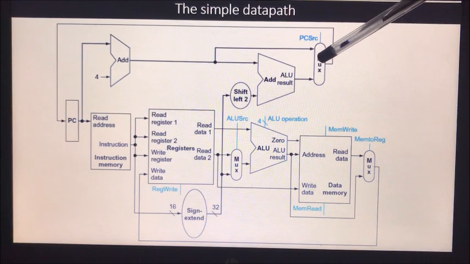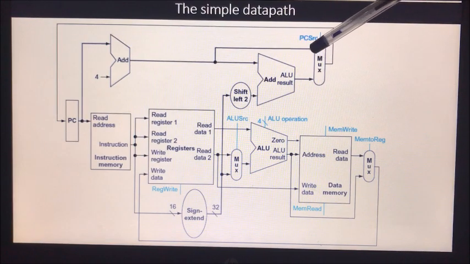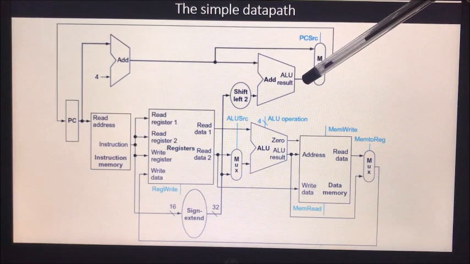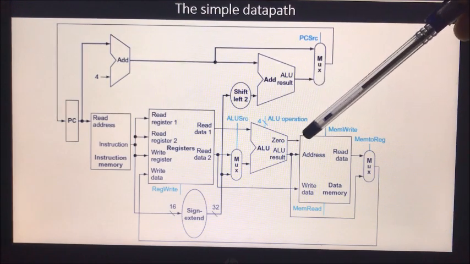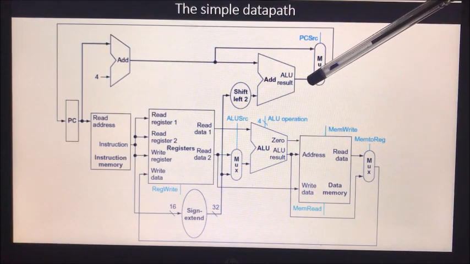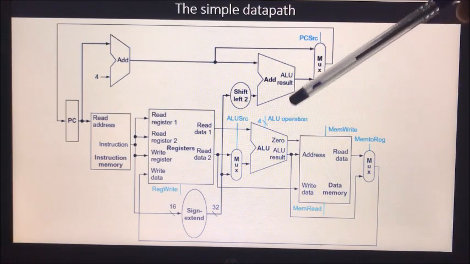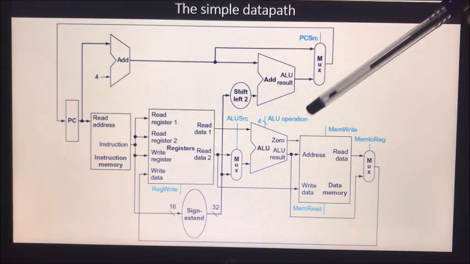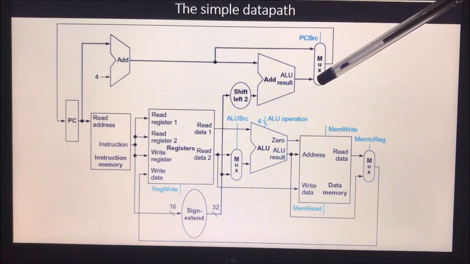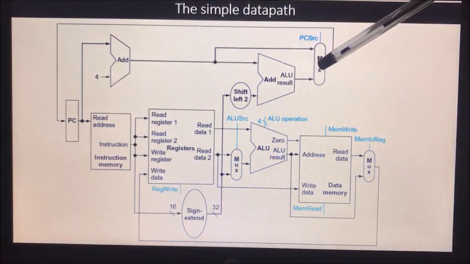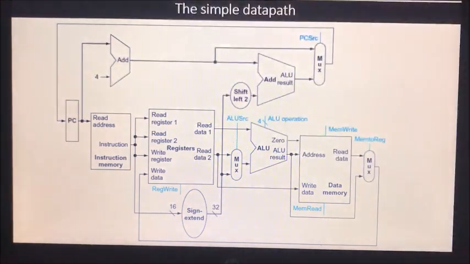This multiplexer is used to select either the updated PC value or the branch target address. If the branch is taken, which depends on zero, if zero is enabled, the branch will be taken. If zero is disabled, the branch will not be taken, so this input of the multiplexer will be considered. This zero will be given as the selection line for the multiplexer, and hence the PC will be updated with the output value of the multiplexer.